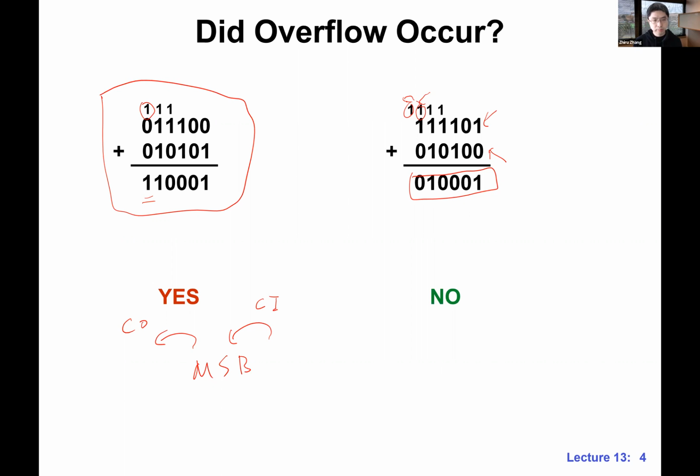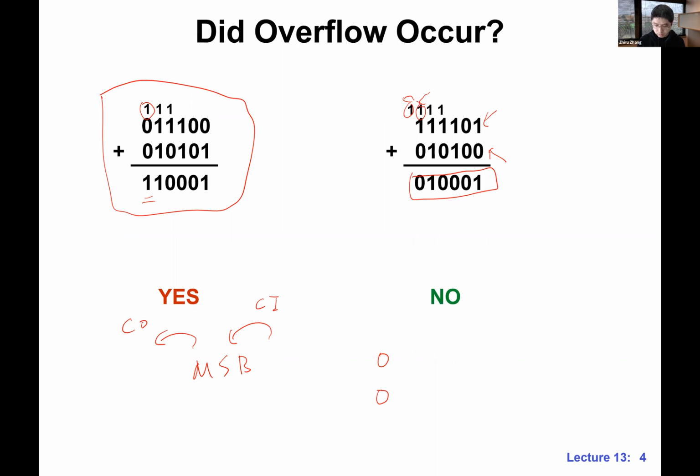Why is this? Why does this test make sense? Any idea? Let's try to break it down. We just mentioned that when we are adding up two values with different signs, overflow will not occur. So let's focus on two scenarios.